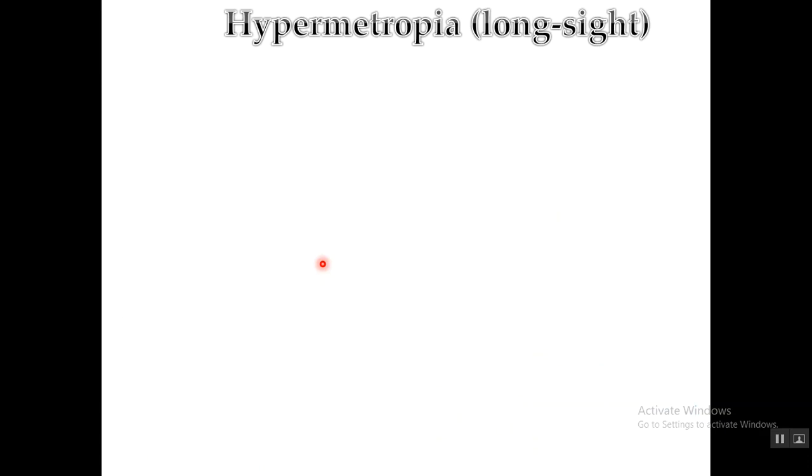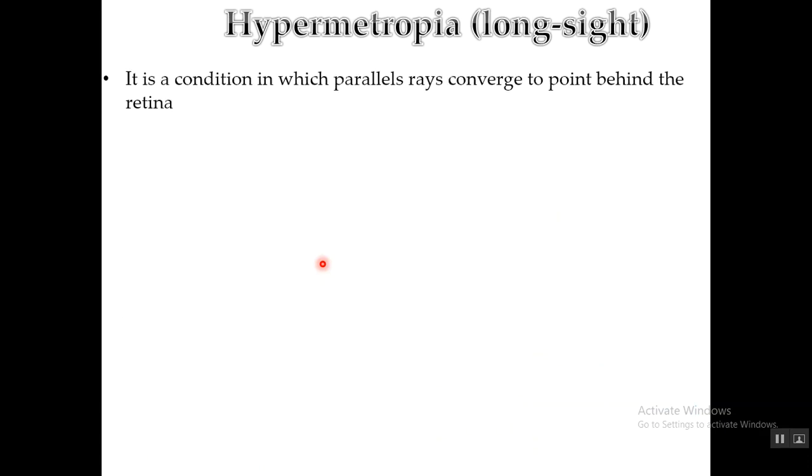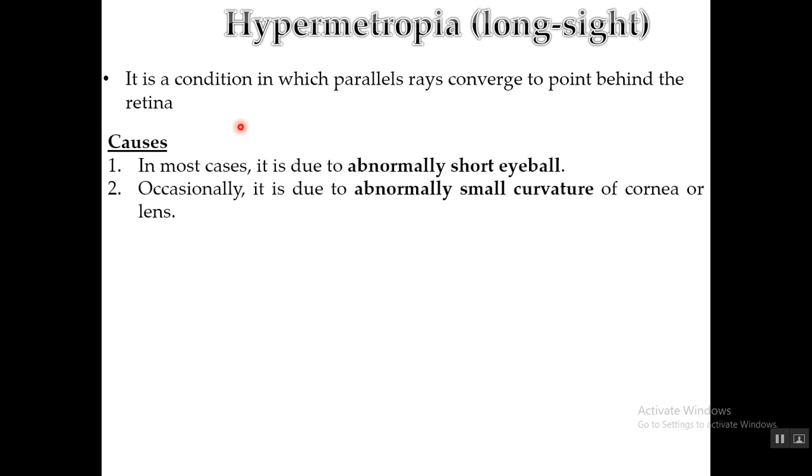What about hypermetropia? Hypermetropia or long sight is a condition in which the parallel rays converge to a point behind the retina. Converge to what? To a point behind the retina. This is due to an abnormally short eyeball or abnormally small curvature or low refractive power of the cornea or the lens.